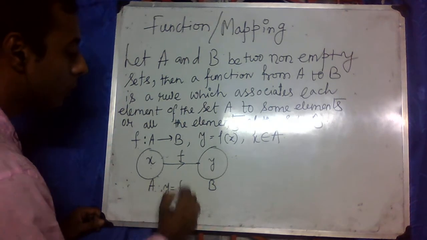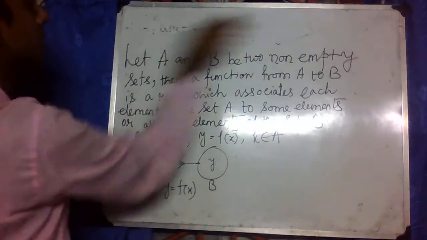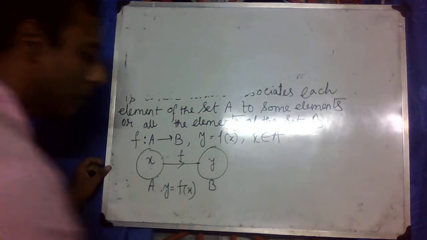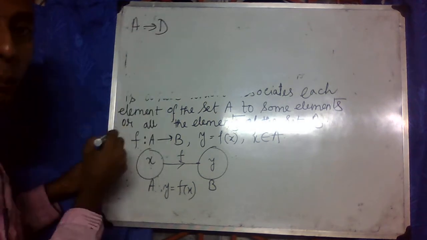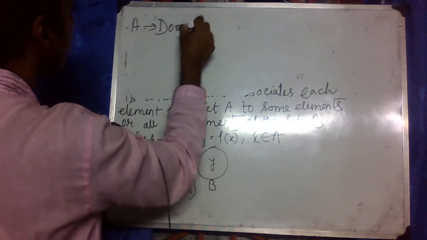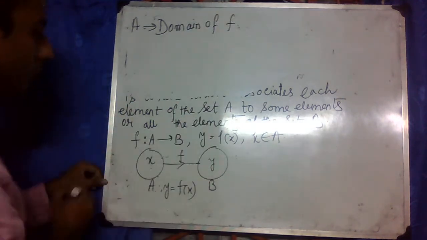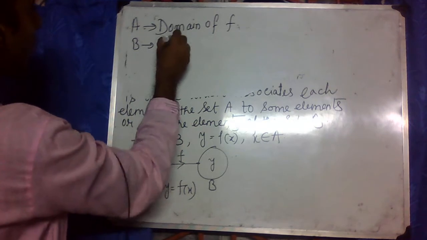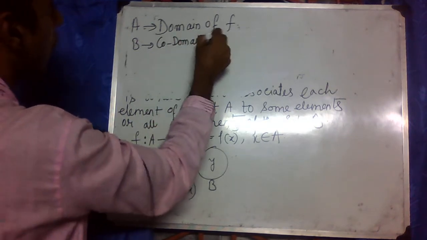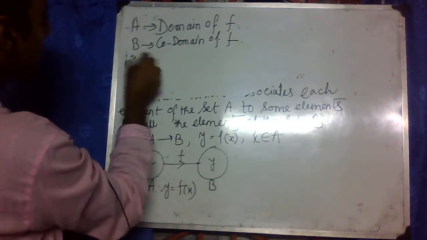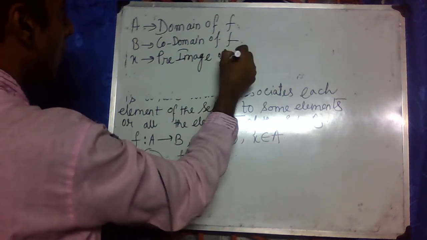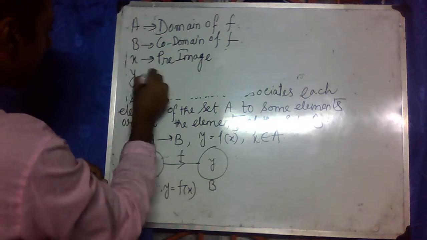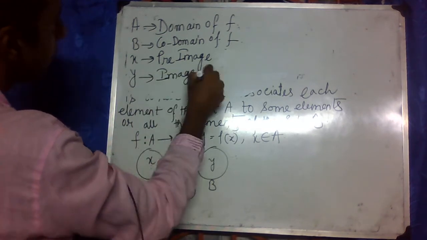So y equal to f(x), where A is called domain of f, B is called codomain of f, x is the pre-image, and y is the image element.